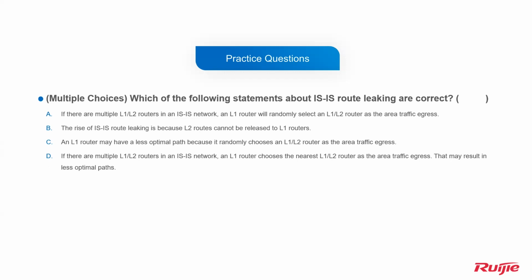And option D, if there are multiple level 1 and level 2 routers in an ISIS network, and the level 1 router chooses the nearest level 1 and level 2 router as the area traffic egress, that may result in less optimal paths. So option B and option D are correct.